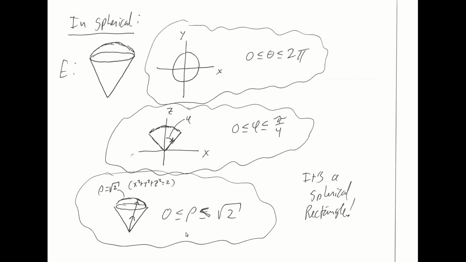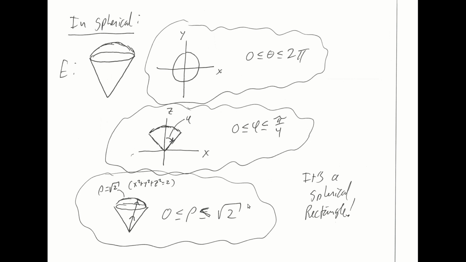And finally, rho is going from rho equal to 0, which is the origin, out to rho equal to the square root of 2, which is the radius of this upper portion of the sphere. So even if I follow along one of these outer edges, I would be going from rho equal to 0 to rho equal root 2. If I go straight up, I go from rho equal to 0 to rho equal to root 2. If I come out this way, I'm going from rho equal to 0 to rho equal to root 2.